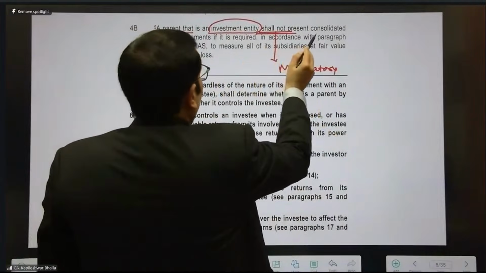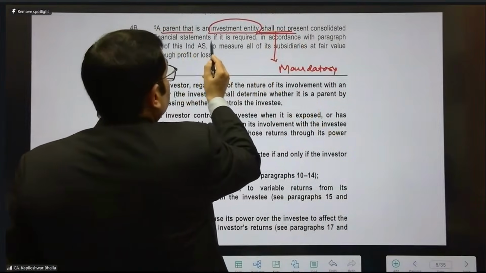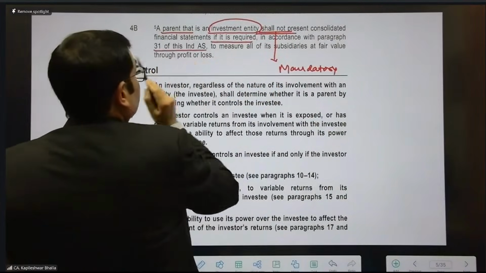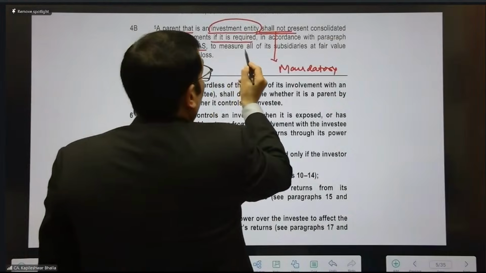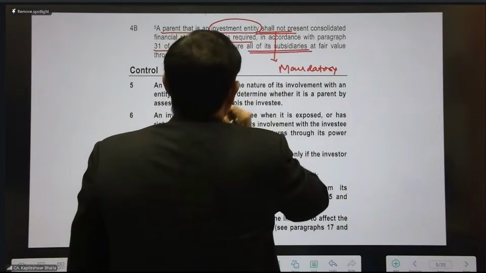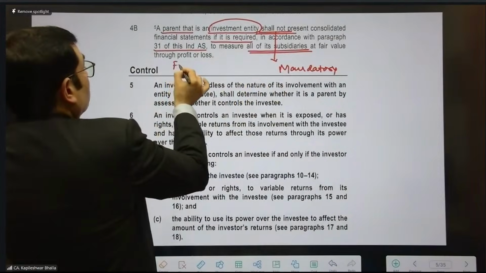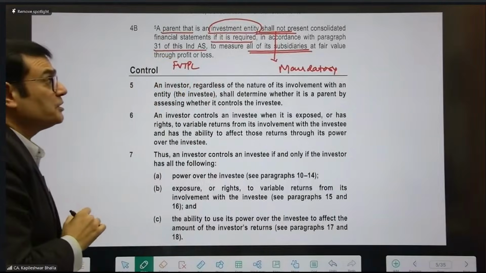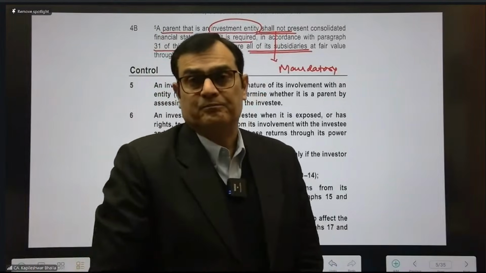So it says it shall not present consolidated financial statements if it is required in accordance with para number 31 of this Ind AS to measure all the subsidiaries at a fair value through P&L. So they will measure the investments at FVTPL. They're going to measure the investments at FVTPL.